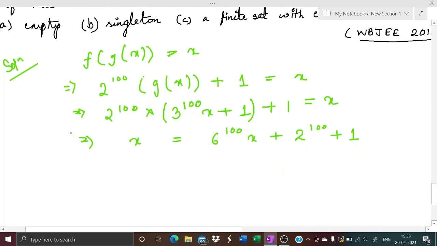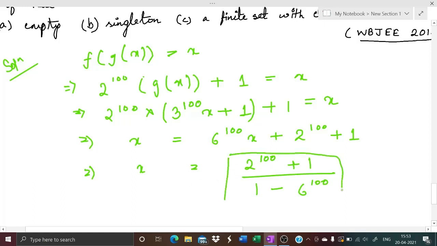Now after taking x common, I get 2 to the power 100 plus 1 by 1 minus 6 to the power 100. So you can see that after solving this equation, I am getting only one value of x.